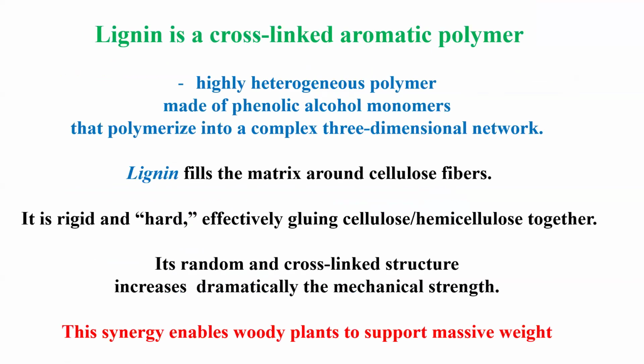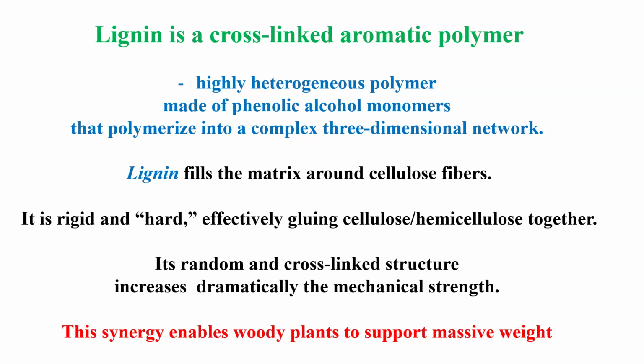Lignin in biomass is a different type of molecule. It's a cross-linked aromatic polymer, and it's highly heterogeneous, made of phenolic alcohol monomers that polymerize into a complex three-dimensional network. So lignin fills the matrix around cellulose fibers, and it is rigid and hard, and it works like a glue between cellulose and hemicellulose.